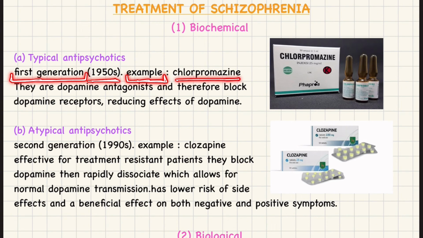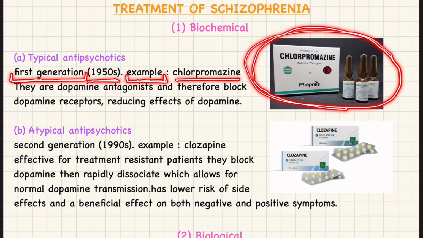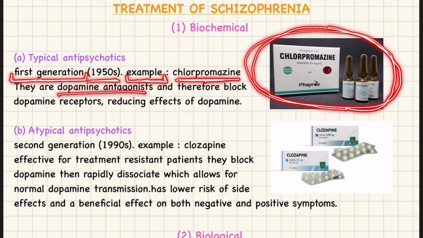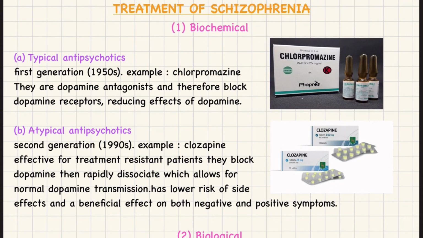This is a picture of what it looks like and what the schizophrenic people might take. So this is an example of what a typical antipsychotic looks like. Now these are dopamine antagonists, therefore they block the dopamine receptors and reduce the effects of dopamine.